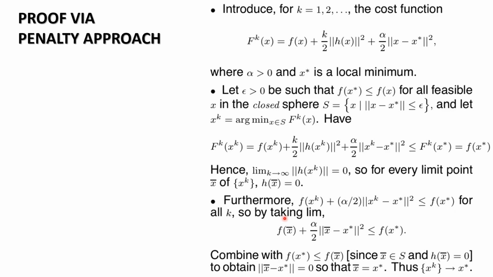But since x bar is from set S and h(x bar) is equal to 0, we know that function f(x star) is less or equal to function f(x bar) by the assumption of optimality of x star. So combining both, we will receive that x bar is equal to x star.